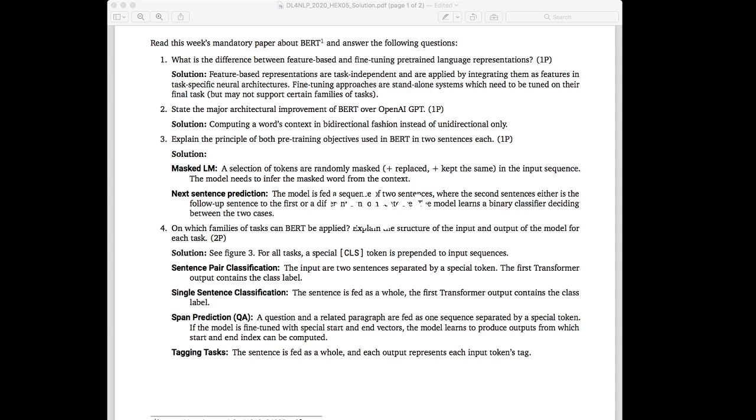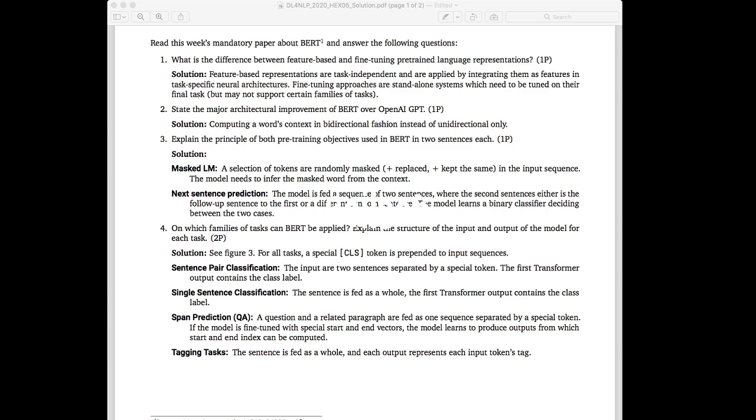The first thing is that for all the tasks, we need to insert two special tokens, CLS and SEP, into the input sequences. Then we feed these modified input sequences into a specific task. The first task is sentence pair classification.